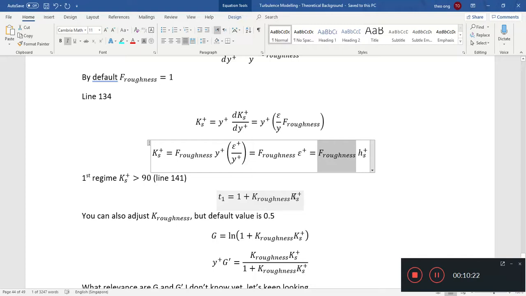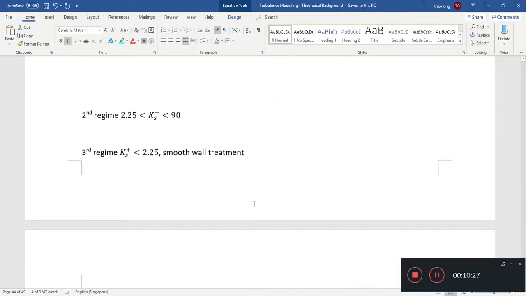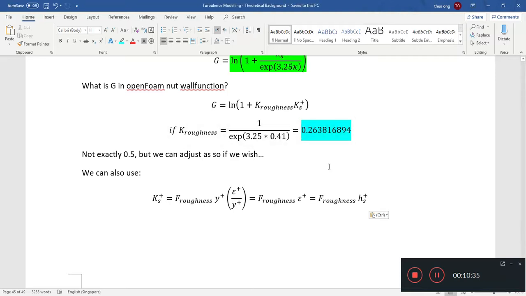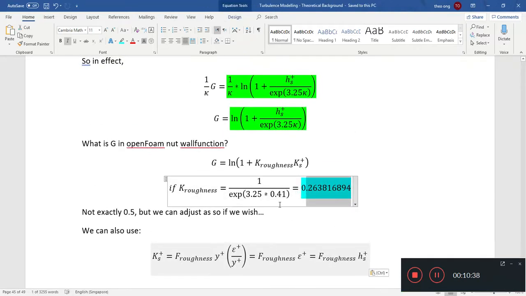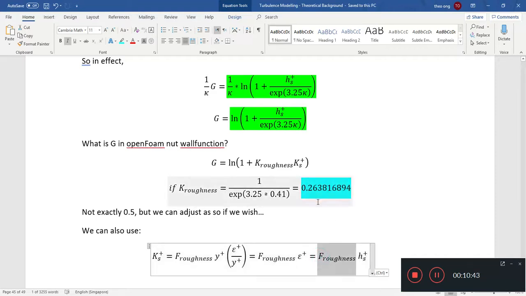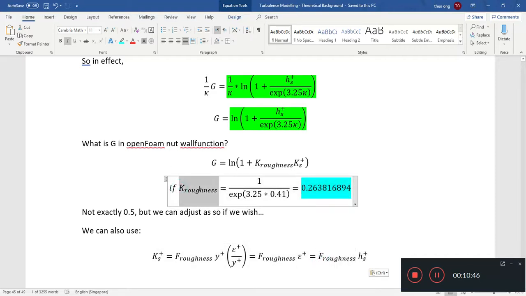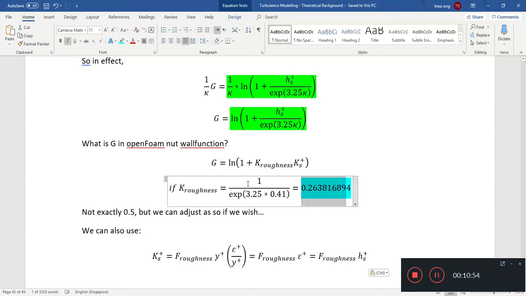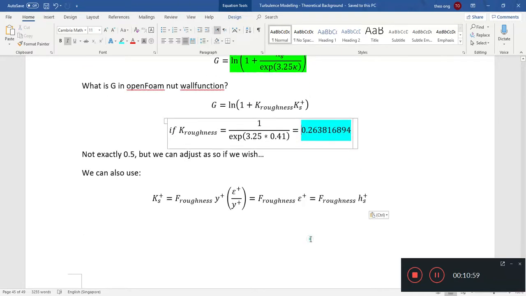So we can use this scaling factor to kind of bring it. But that kind of throws us off a little bit if F roughness is not equal to 1. But of course that allows us to use K roughness equals 0.5, and then use this F roughness to compensate, so that K roughness times KS plus equals this number.